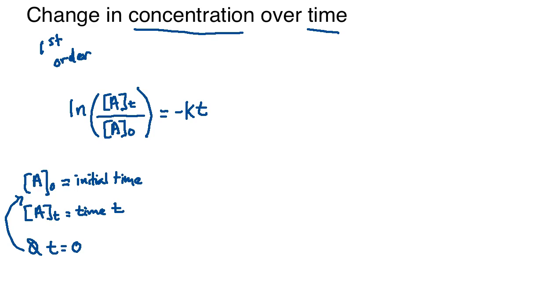Now you can rearrange this, and it's useful if you do. You have to use a little bit of differential equations, but I'm going to rearrange it for you here. You've got ln A_t equals negative k times t plus ln of A naught.